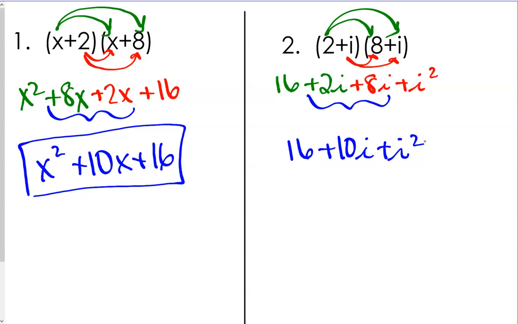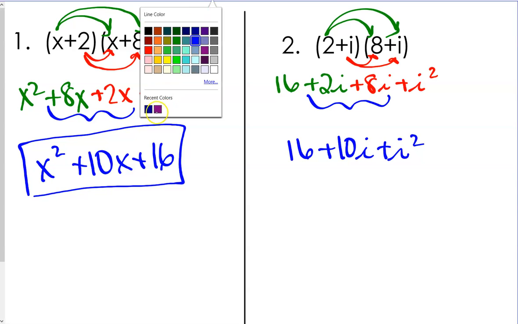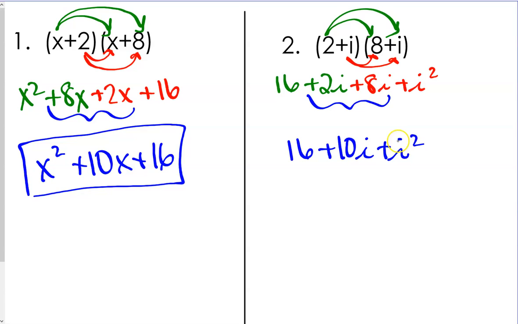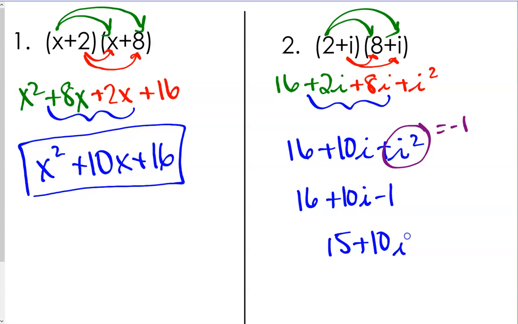But wait, we just talked this morning about simplifying, right? You know what i squared is equal to. i squared is equal to -1. So to have an i squared in this problem, that's like saying 16 plus 10i minus 1. Well, now I can combine something else, right? The 16 minus 1. So this actually simplifies into 15 plus 10i.